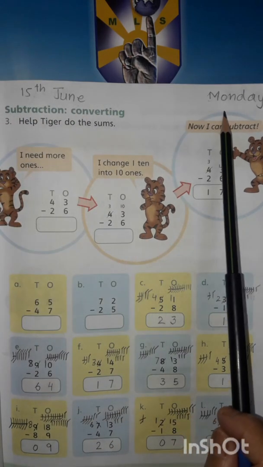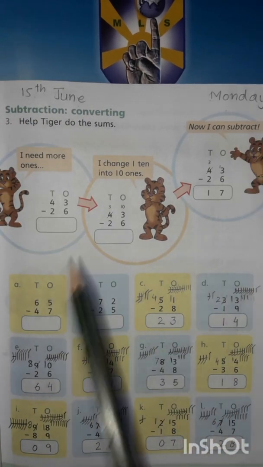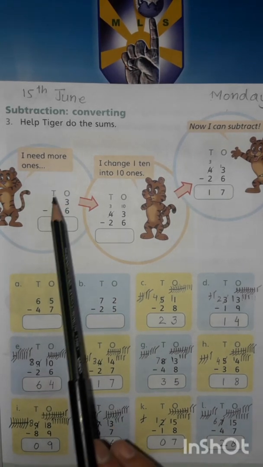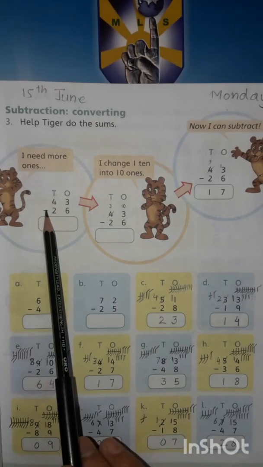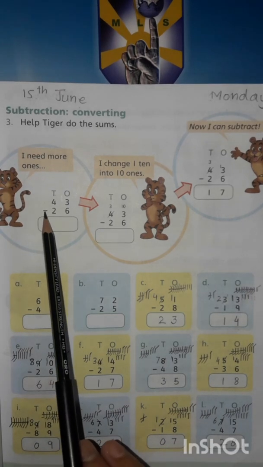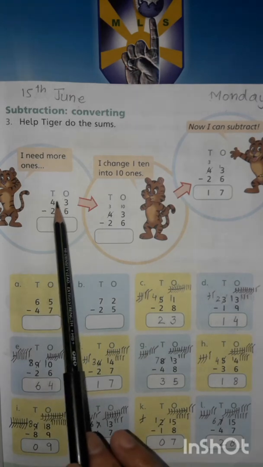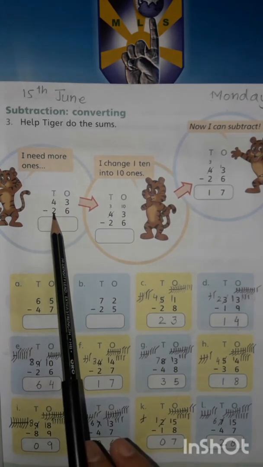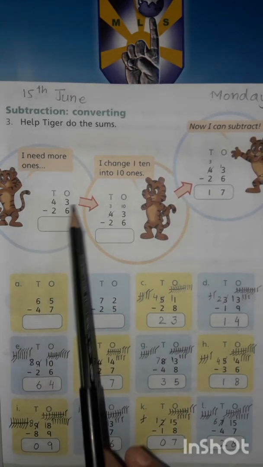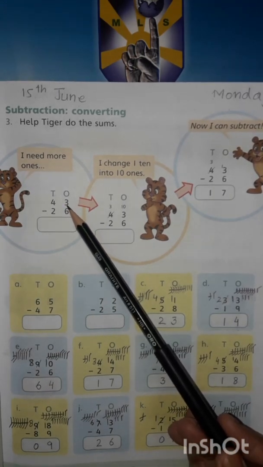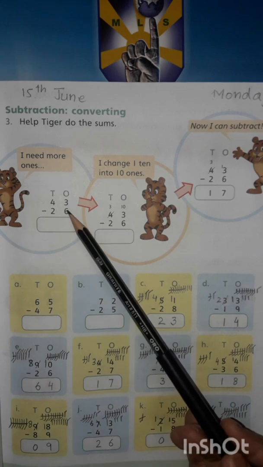Page number 43. 15 June, Monday. Ones, tens, the sign of subtraction, minus. In minus, cut the lines. 43 minus 26. 3 is the smaller number. How can we take away 6 ones from 3 ones?